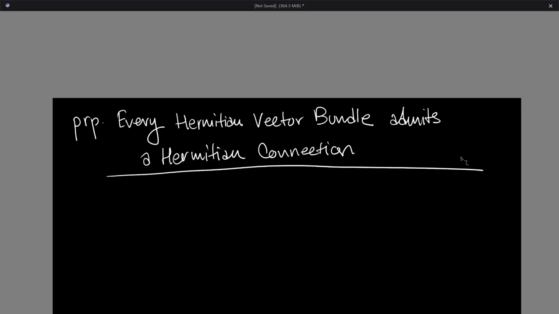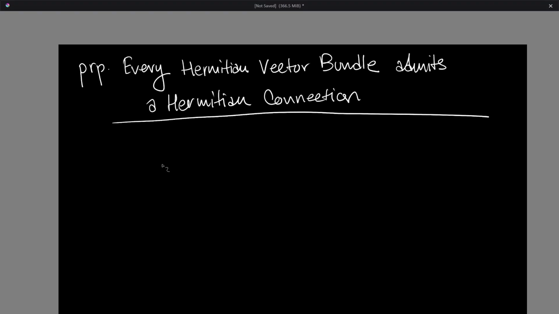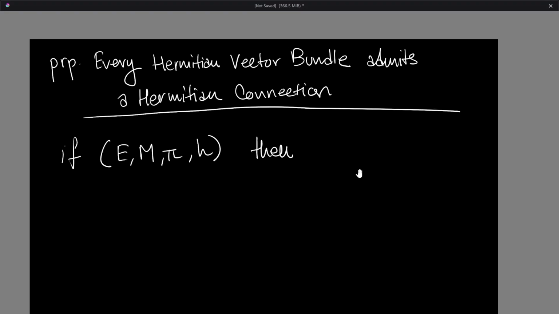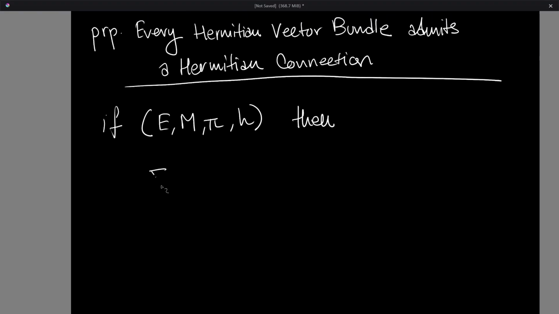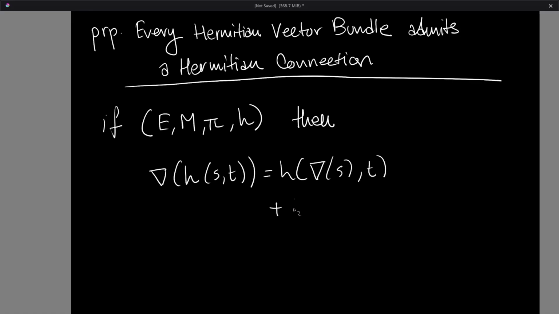It's the same structure of proof. We just need to show that if we have a Hermitian vector bundle, E, M, pi, H, then we will, by necessity, have the Hermitian condition: H of nabla s, t plus H of s, nabla of t.